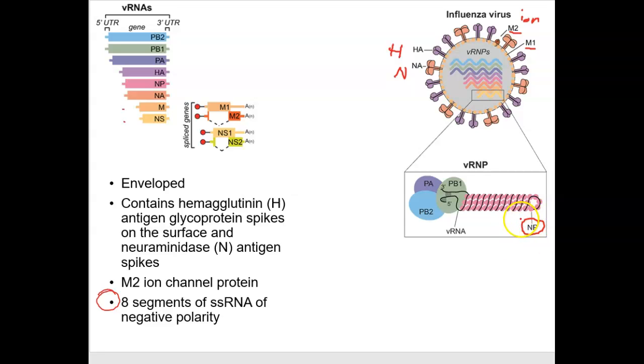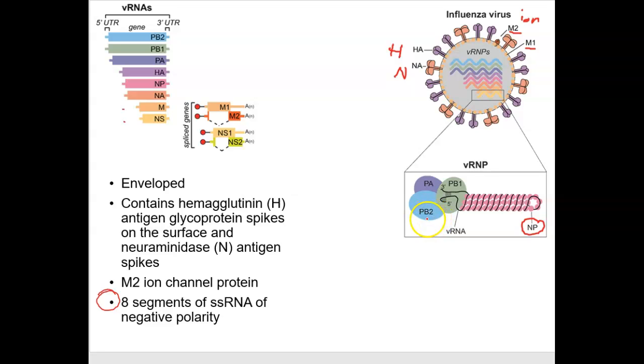The nucleoprotein protects the RNA genome, helps protect it from the host innate immune system. And then we've got the polymerase structure. So the polymerase is formed of these 3 subunits, PA, PB1, PB2.